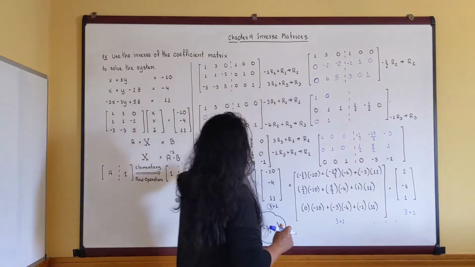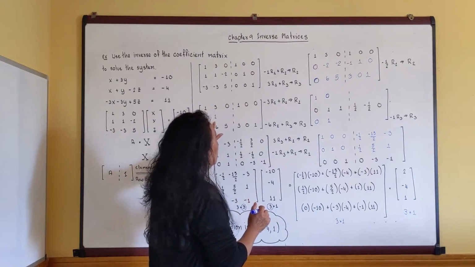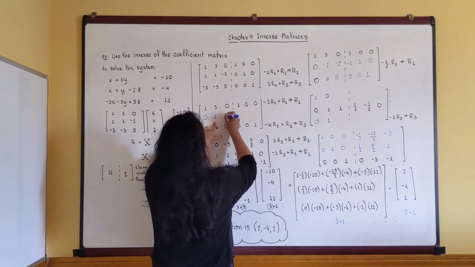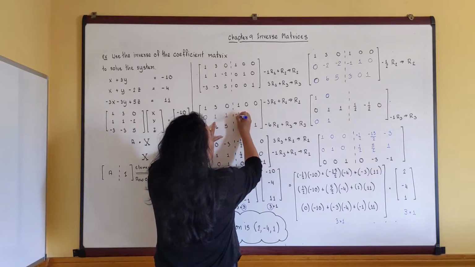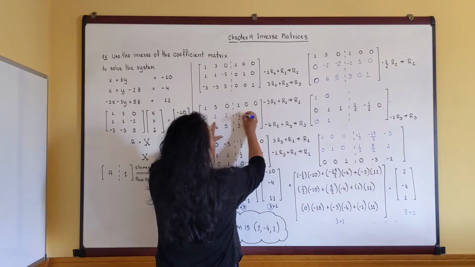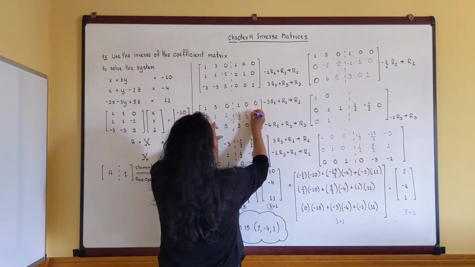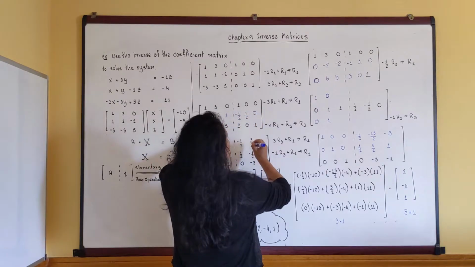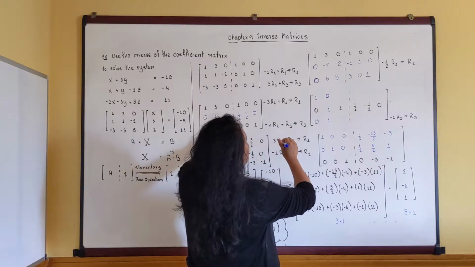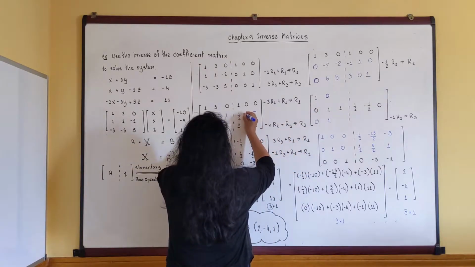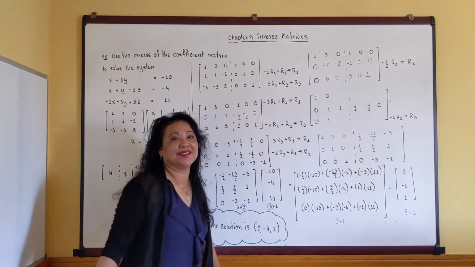So you're going to get 0, and then you're going to get 1 here, and then 1 here, negative 1/2, 1/2, and 0. No, this one should be positive 1/2 and this one should be negative 1/2. Gotta be careful, right?